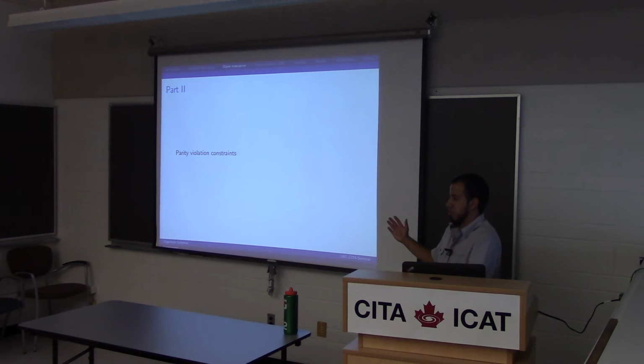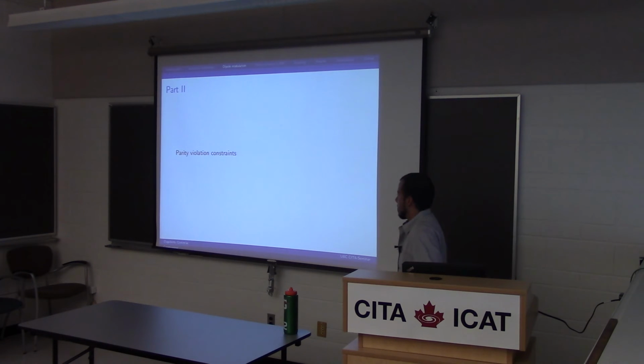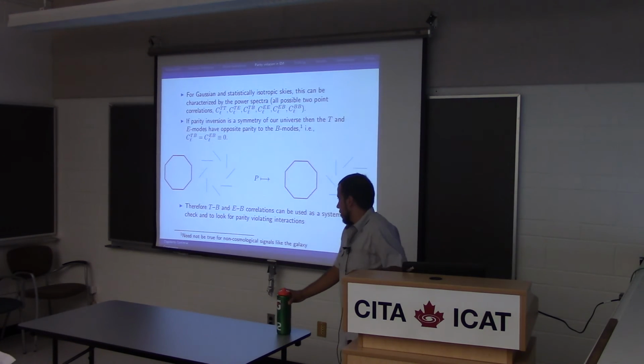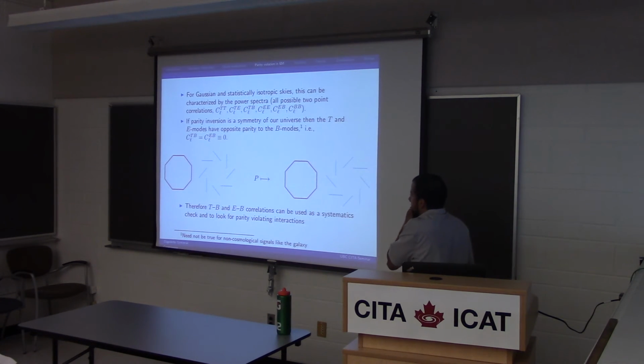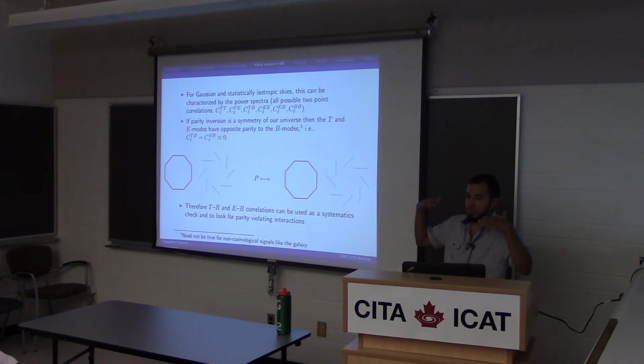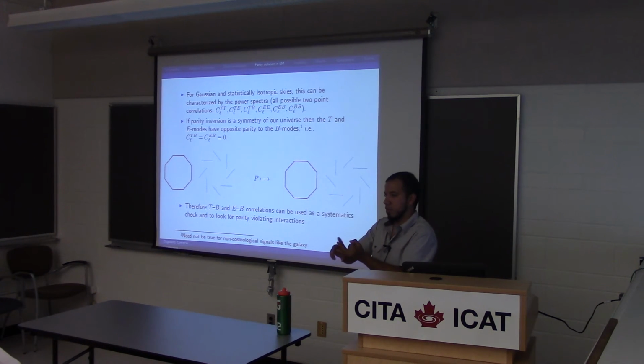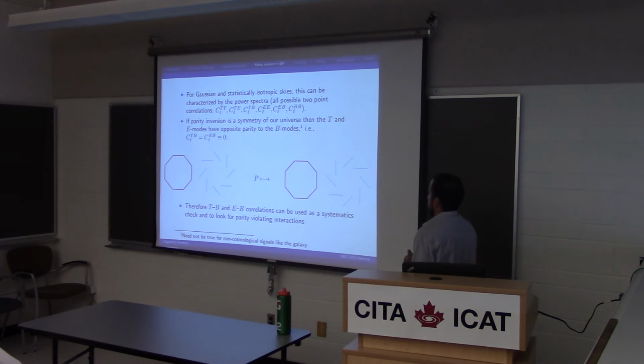Okay, so part two, I'm going to talk about parity violation constraints. Another introductory slide. As I mentioned before, the information we have in the CMB comes in the form of temperature anisotropies. We have E mode and B mode polarization anisotropies.